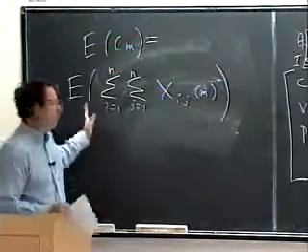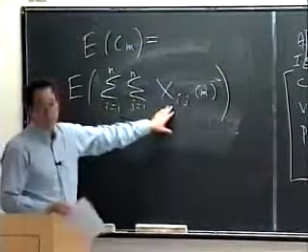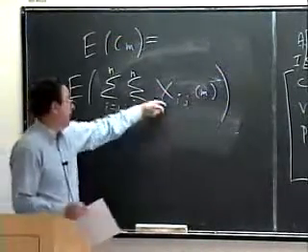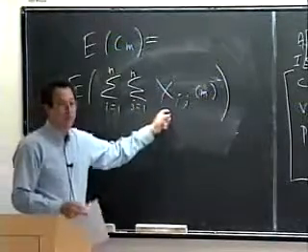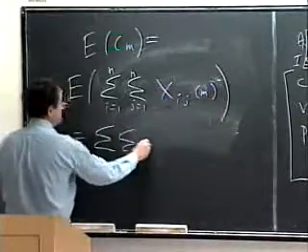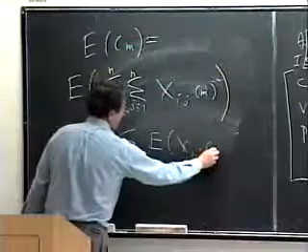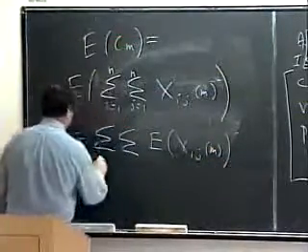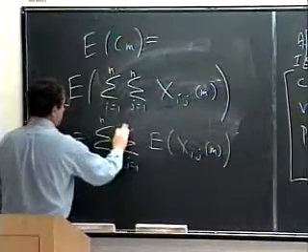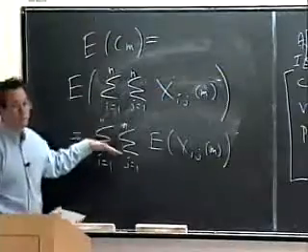Whenever you take the expectation of a sum, and here we're taking a sum of many random variables, that's the same thing as the sum of the expected values. So this is just equal to the double summation, i equals 1 through n, j equals 1 through n, of the expected value of X_ijm. That's linearity of expectation.